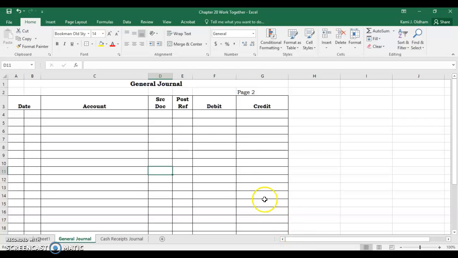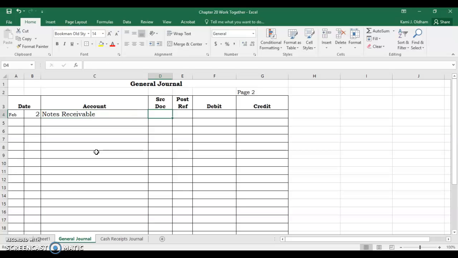So basically what we're doing here is he already has an accounts receivable, but now we're taking it out of accounts receivable and putting it into a notes receivable. So we're going to be looking here at February 2nd, putting it into that notes receivable.